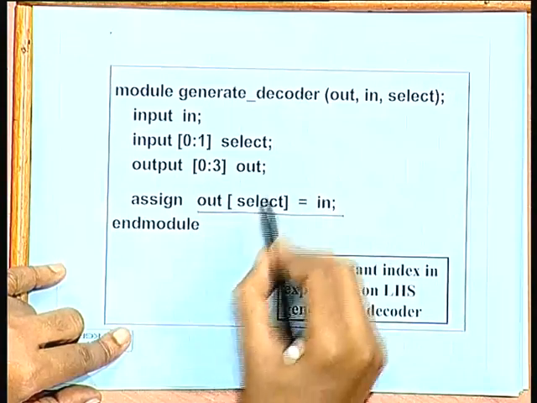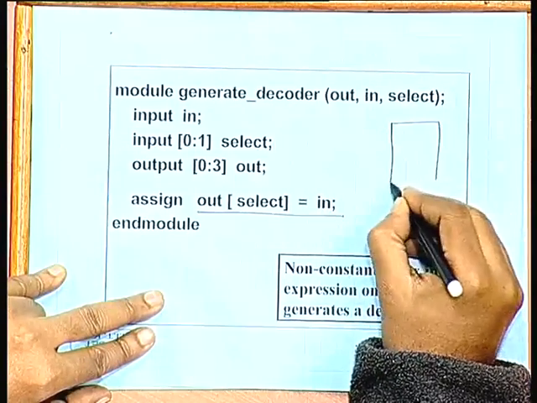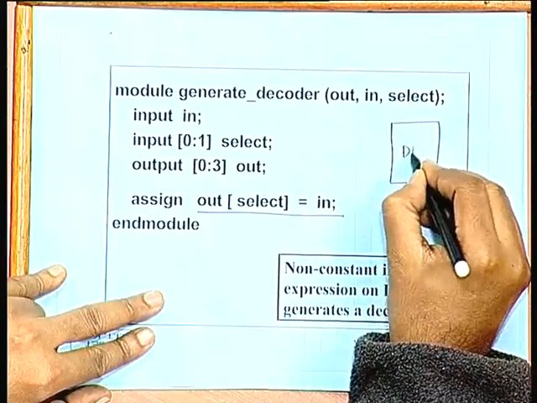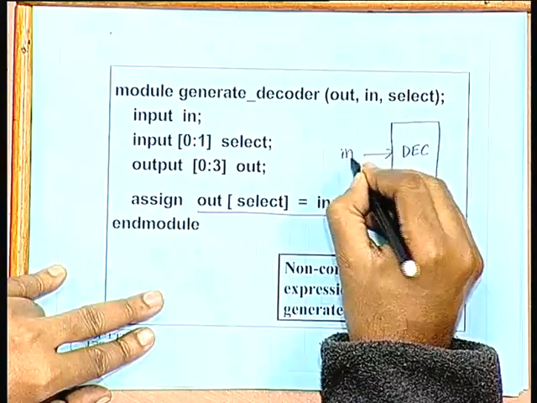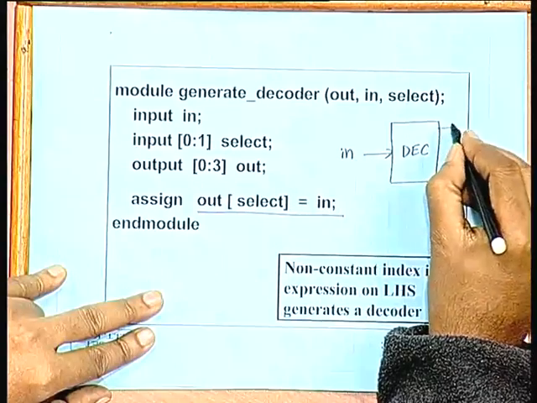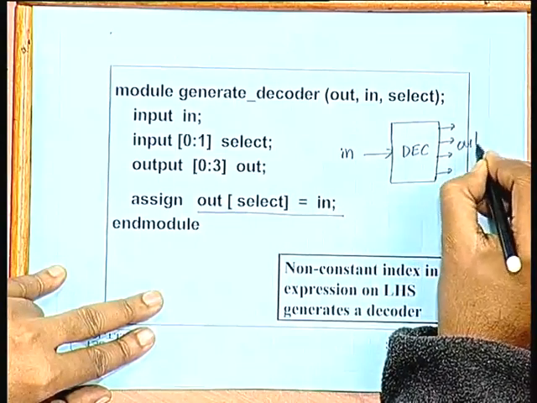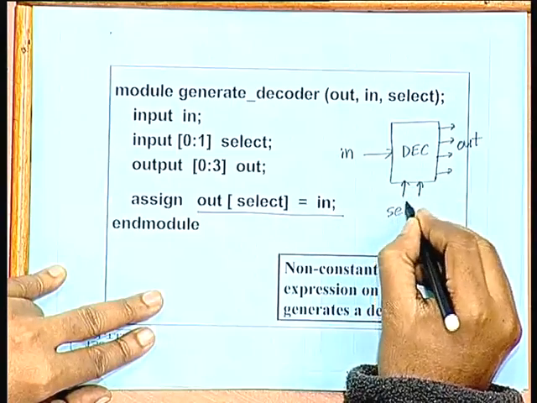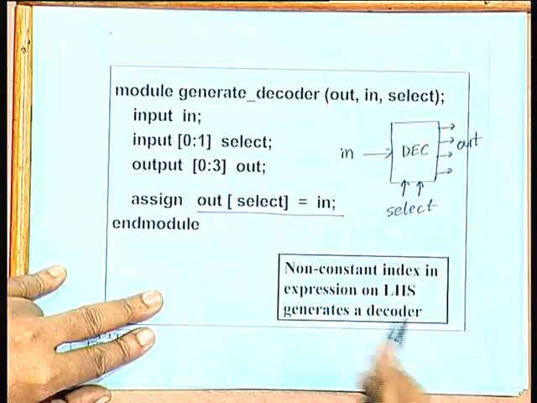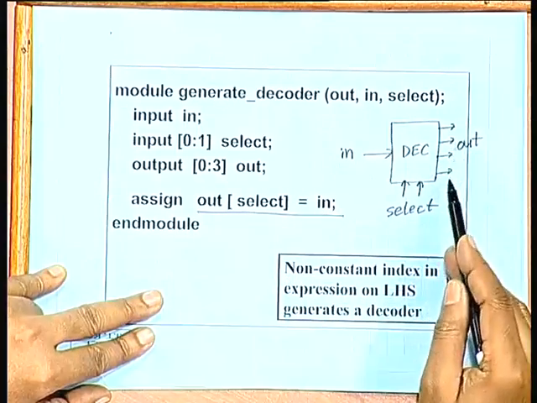Now, this will get synthesized into a decoder. There will be a single input in, there will be 4 outputs, these are the out, and there will be 2 select lines. Depending on what the value of select is, this in will be going to one of these 4.